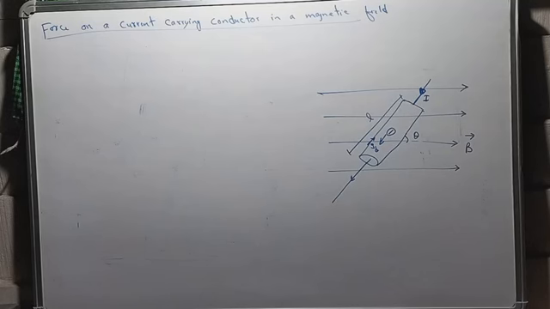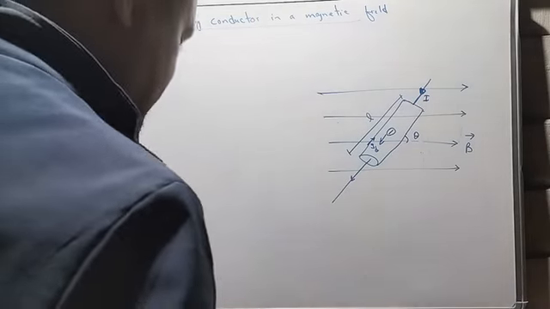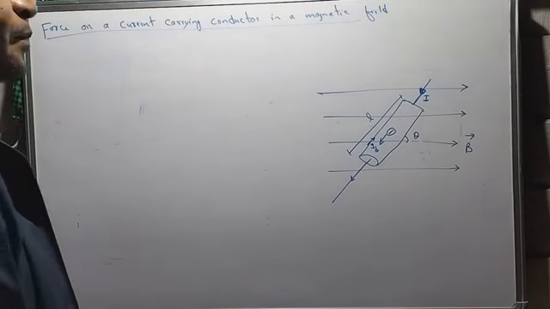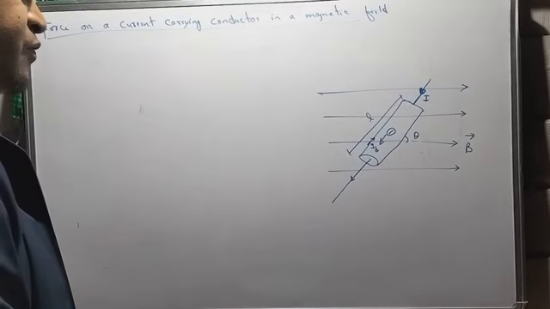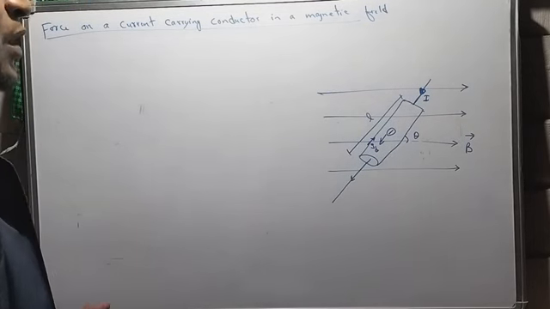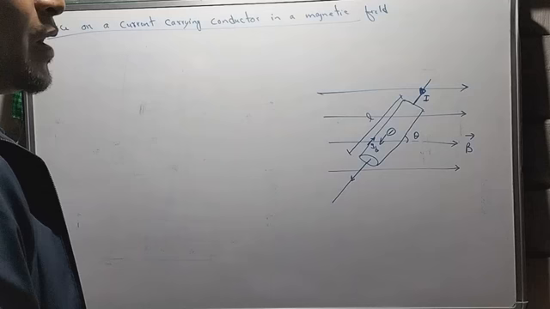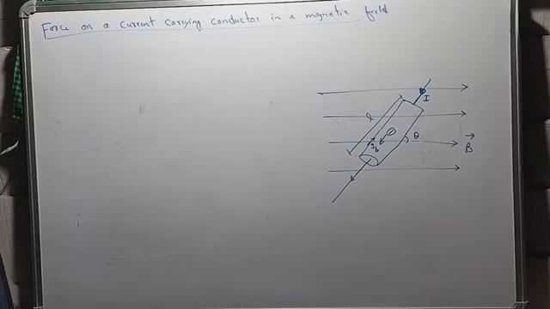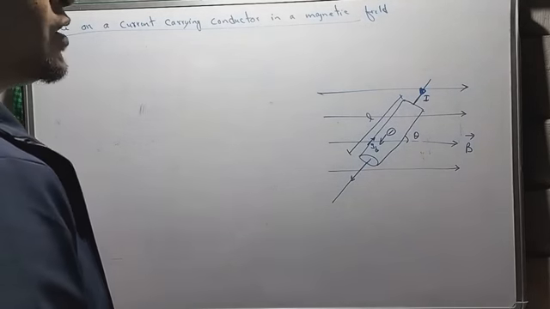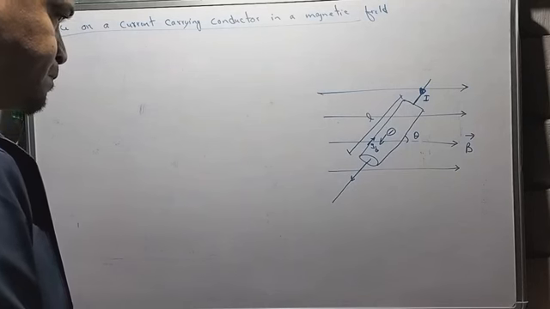Okay, this topic is about force on a current carrying conductor in a magnetic field. We have seen before that when a charged particle is moving in a uniform magnetic field, the charged particle always experiences a magnetic force.